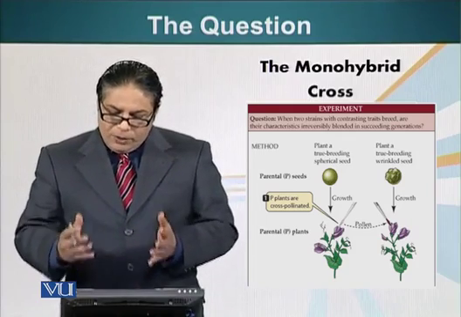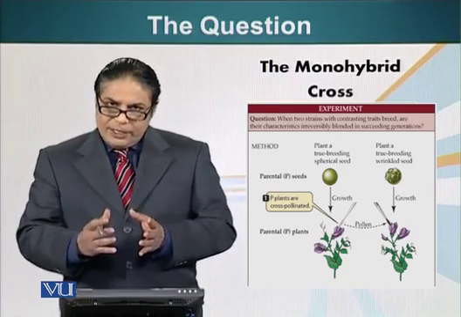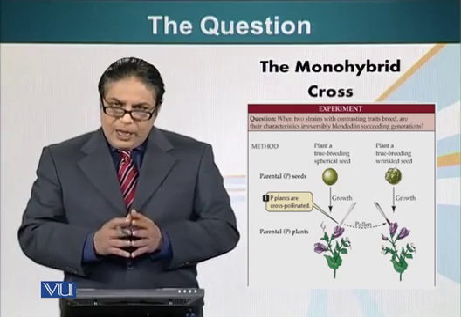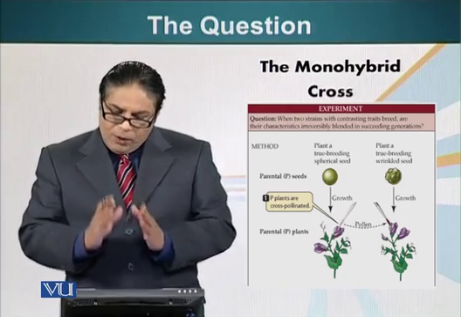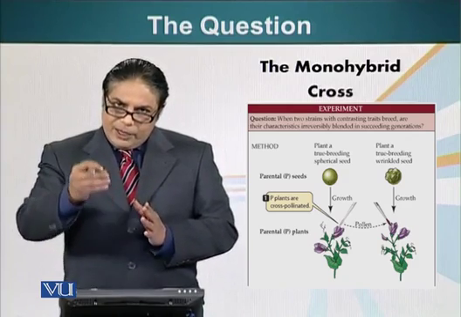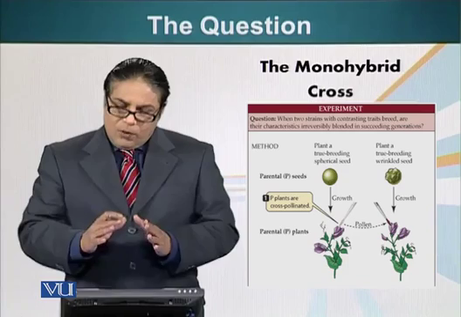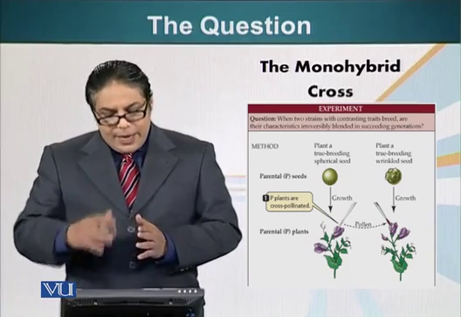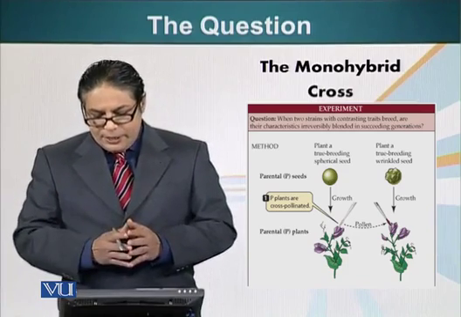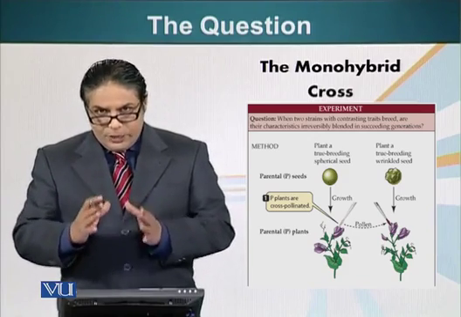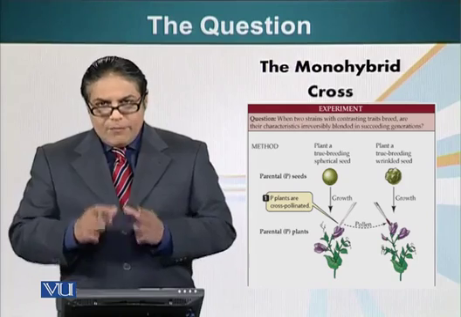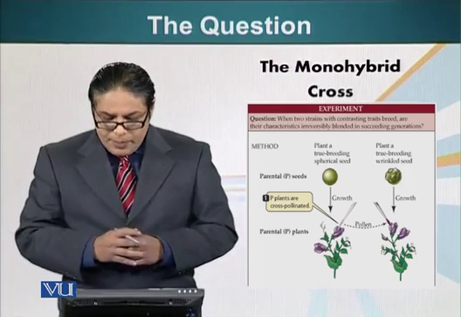For example, he crossed plants with spherical seeds with other plants with spherical seeds for several generations to ensure that the plant is now true breeding. The trait it carries is now completely spherical. He did the same exercise with the plants that had wrinkled seeds to ensure that these were also true breeding plants which produced wrinkled seeds.